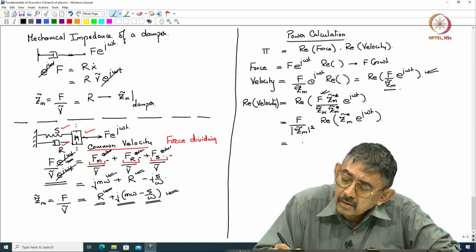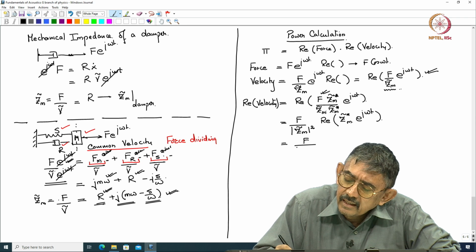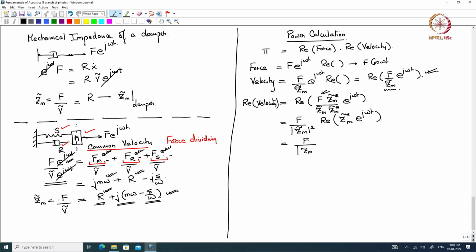So, now this becomes F divided by |Z_m tilde| squared, and the real part of... let me open this out. If I consider my Z mechanical symbolically to be this, R plus jX, the conjugate of this is R minus jX.